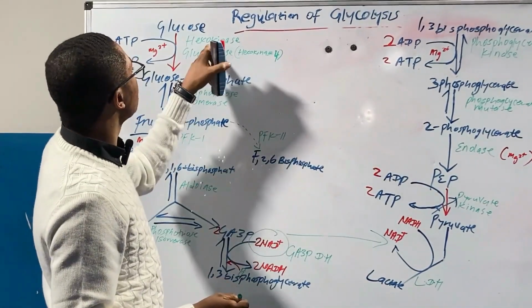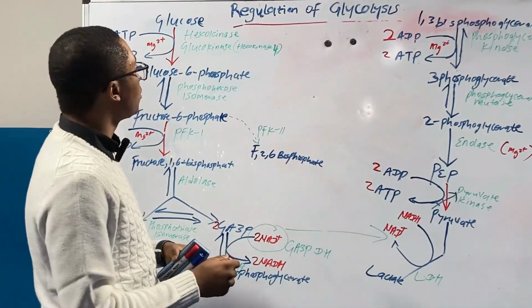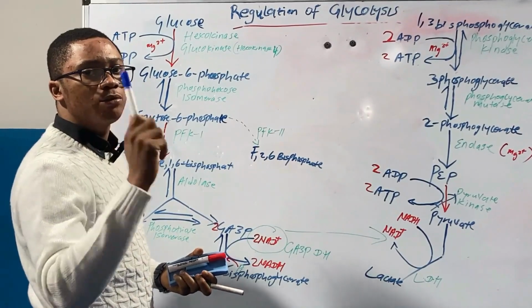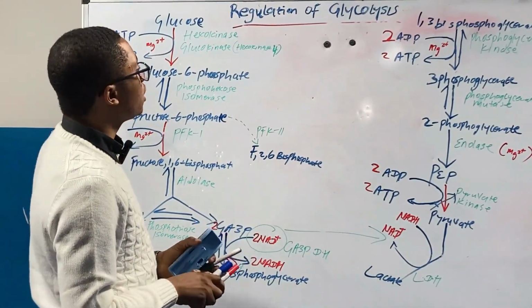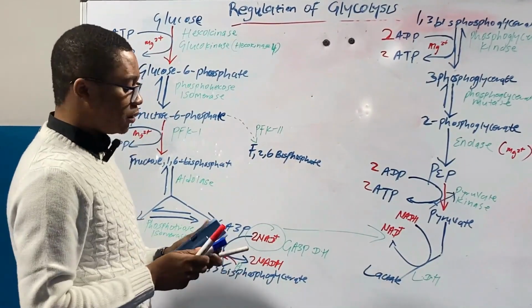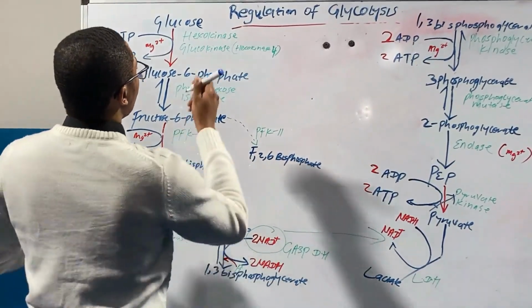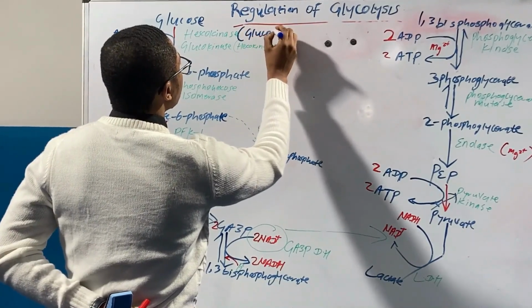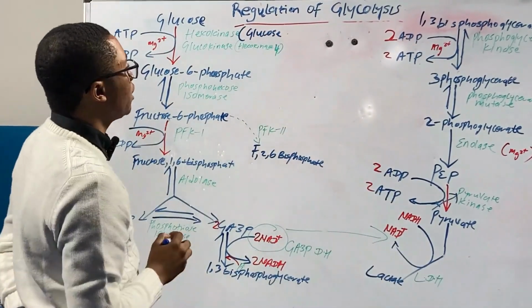So glucose is a stimulator of hexokinase. I'll be writing the stimulators in the blue pen and the inhibitors in the red pen.